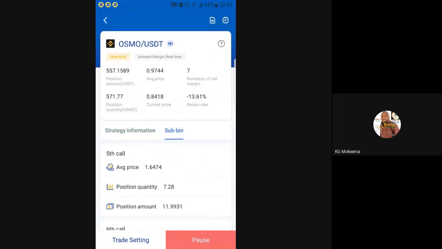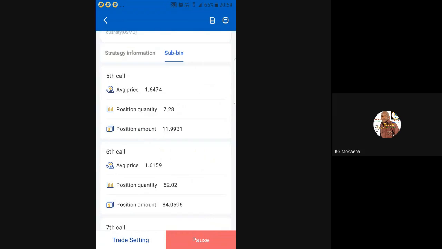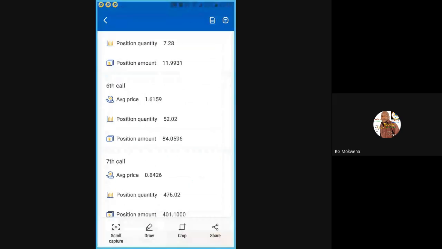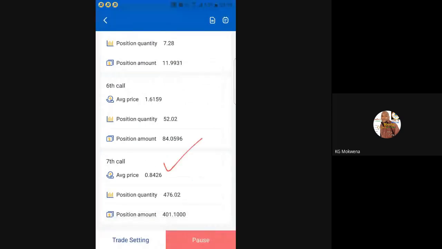You can see now, when I click on sub-bin, you are able to see that position number 7 has its own average price. And then remember here, previously when we were doing calculations, the 3.4 multiplied by 12 gave us 480 cents.